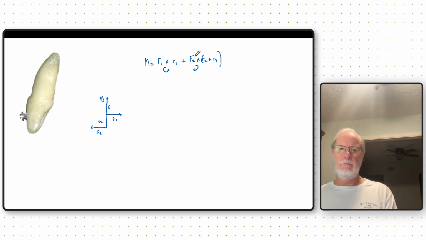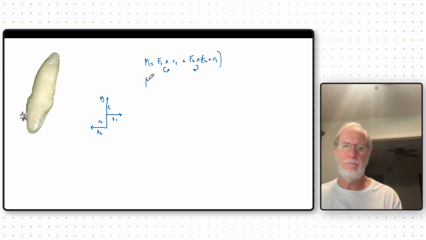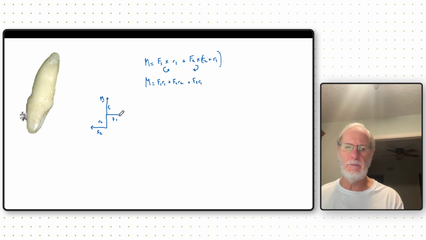We can further calculate M equals F1 R1 plus F2 R2 plus F2 R1. But we already know that F2 equals minus F1. So now we have M equals F1 R1 plus F2 R2 minus F1 R1.